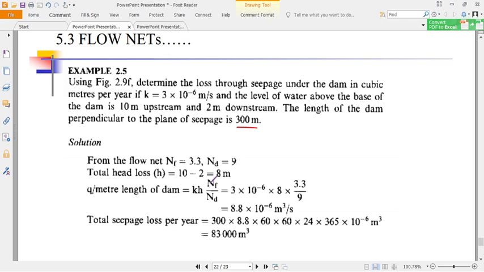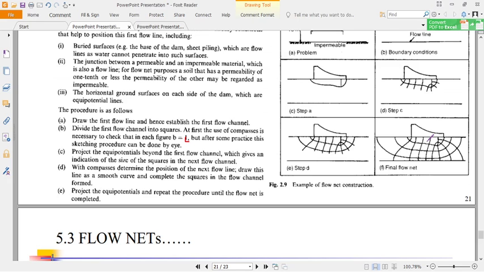So flow lines can be 1, 2, 3. But remember, this last one is not a full flow line, so we can take this about 4 or 3.5 or 3.3. It's an approximation. So I'll take it as 3, or you can take it about 4, between 3 and 4. Okay?